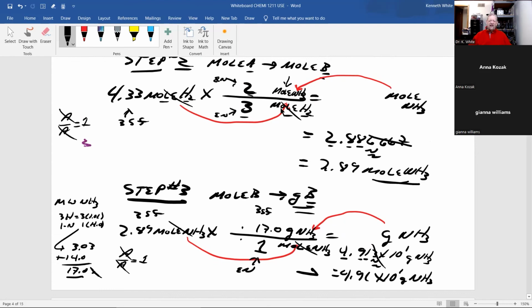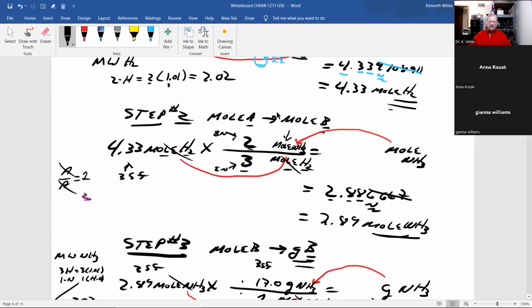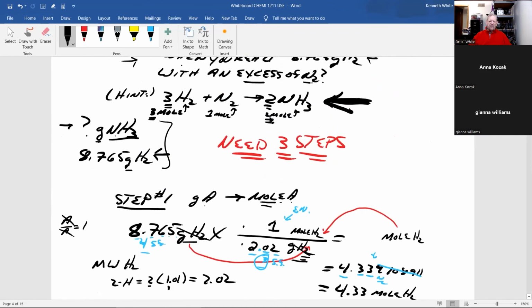Where do we get a relationship of moles of one compound to moles of another? From the balanced chemical equation, the coefficients show us molar relationships. 3 in front of hydrogen means 3 moles of hydrogen. No number is 1. 1 mole of nitrogen makes 2 moles of ammonia.